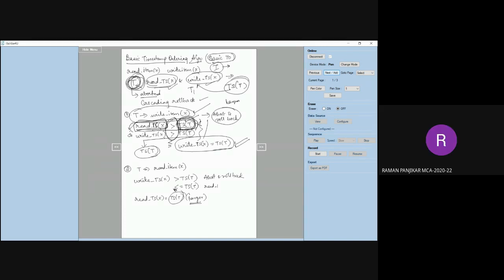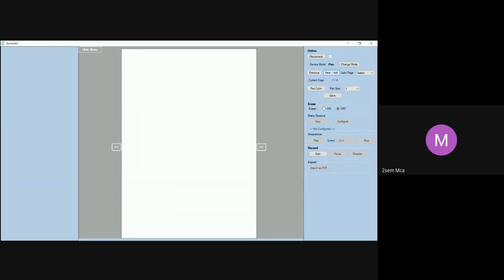Yes, ma'am. Let me go back to that previous example that I gave you. One minute. See, you have a read item X. Now T1 wants to read that, T2 wants to read that, T3 also wants to read that. T1 is submitted at 10 o'clock, T2 at 10:05, T3 at 10:10.